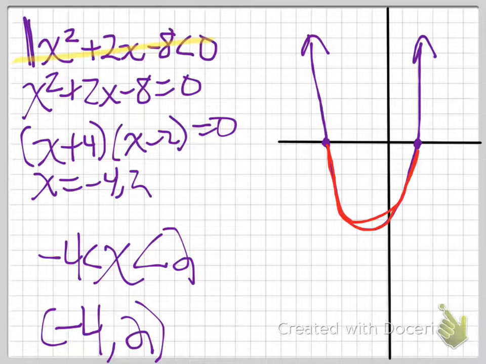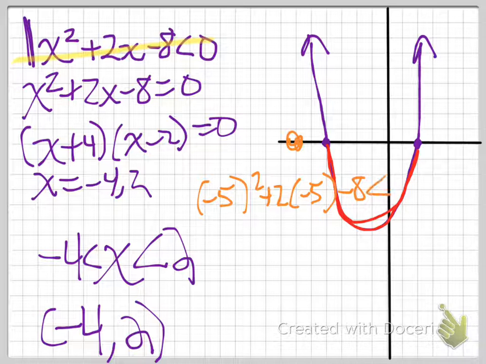Now I want to test and make sure that my assumption is correct. So I can put in a test point. I'm going to test to the left of the -4, in this region. So I'll test -5. I do -5 squared plus 2 times -5 minus 8 less than 0, and see if that's a true statement.